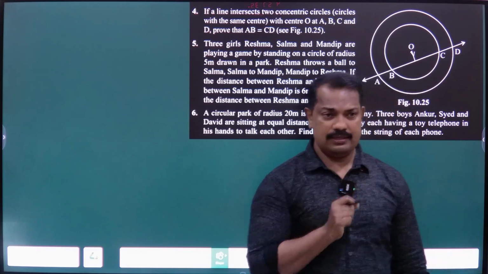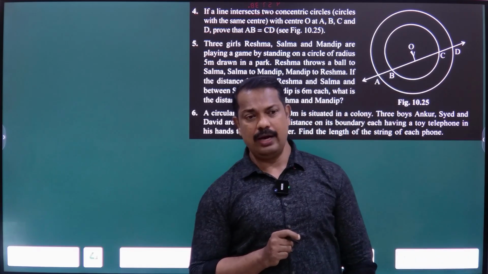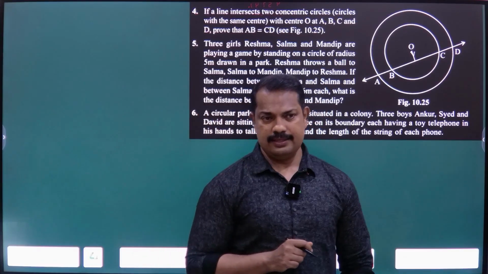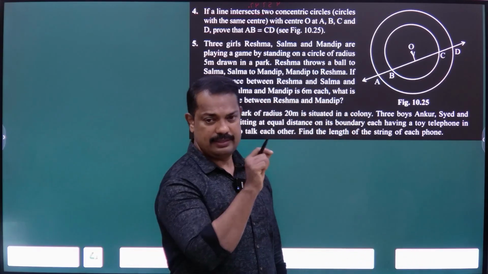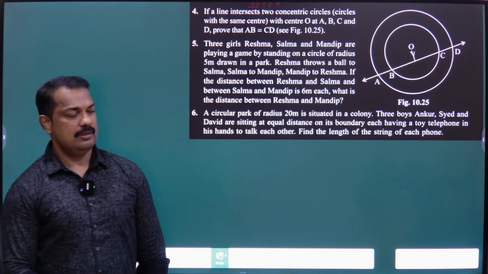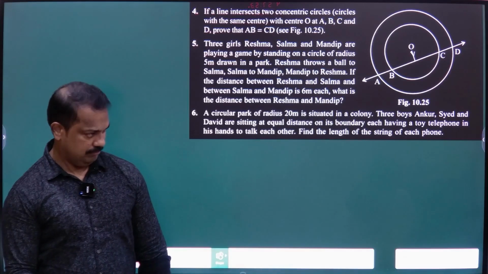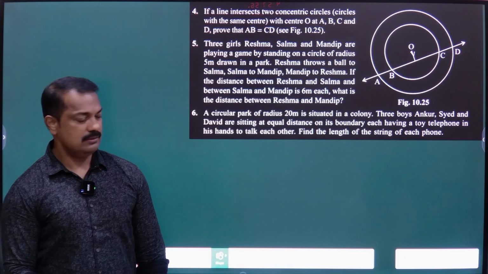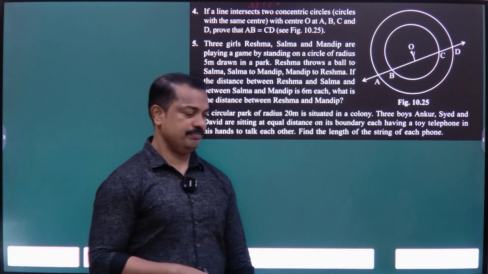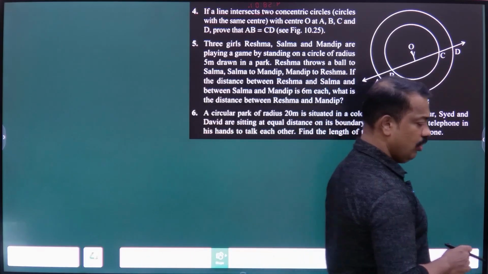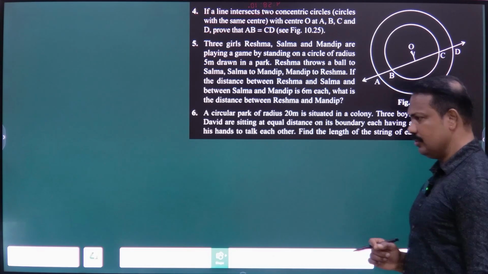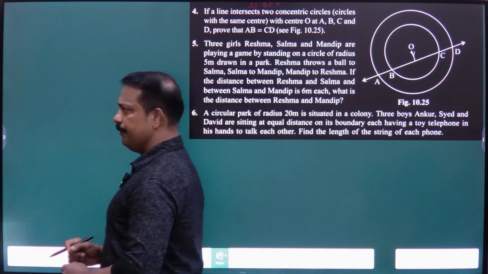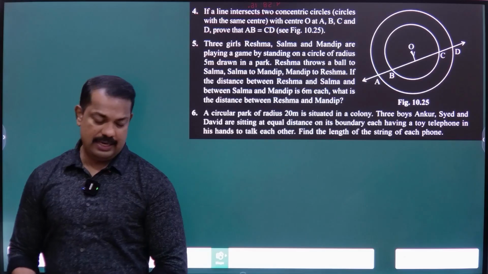Other form of the same question: An equilateral triangle is inscribed in a circle of radius 20 meter.